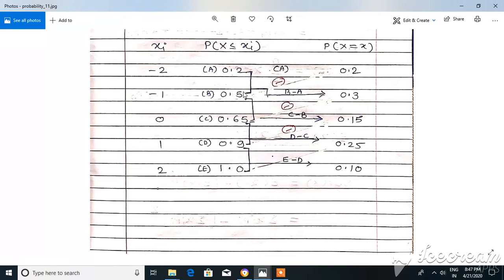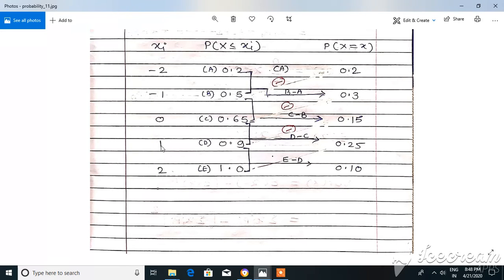So B minus A gives me the probability of x equals minus 1. Now if I want to find the probability of x equal to 0, how do I do it? 0.65 minus 0.5, which is 0.15.